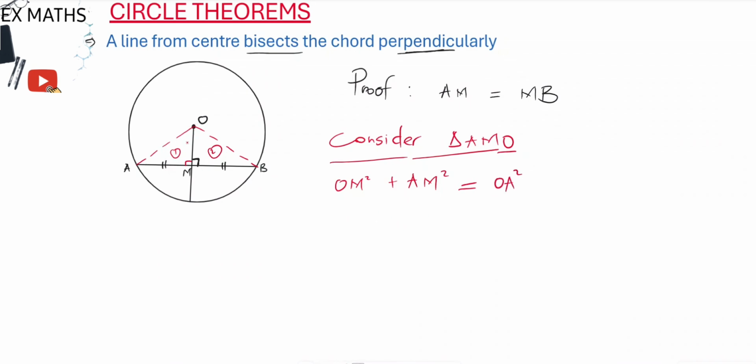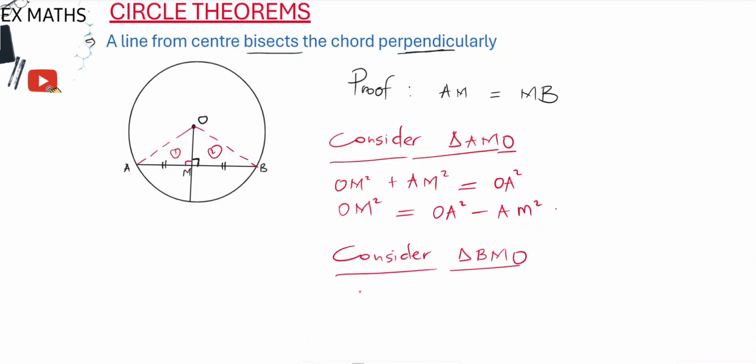But as we can see on these two triangles, OM is a common side, meaning it's being shared on triangle 1 and triangle 2. So we can make OM the subject here: OM squared is going to be equal to OA squared minus AM squared. Then we can keep it like that. We'll see it later.